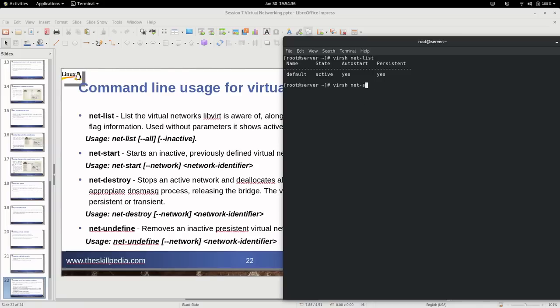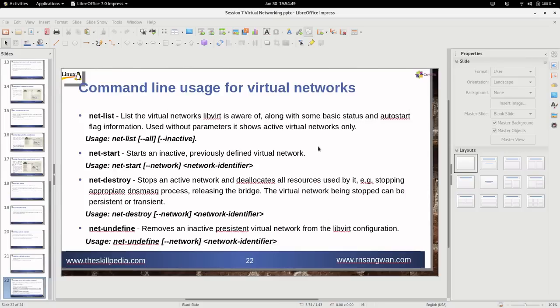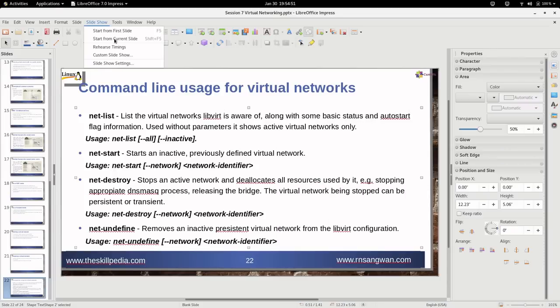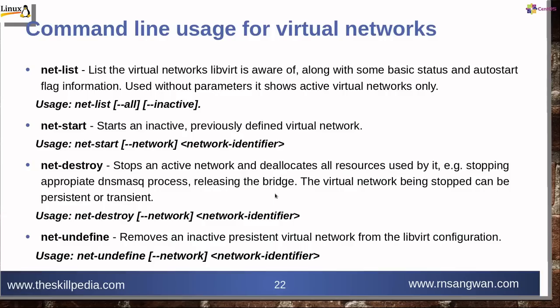Virsh net-destroy will destroy that network switch, and then virsh net-undefine will remove the configuration. So these are the commands which we can use for managing the virtual network through the virsh command.